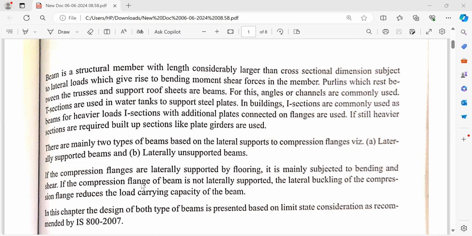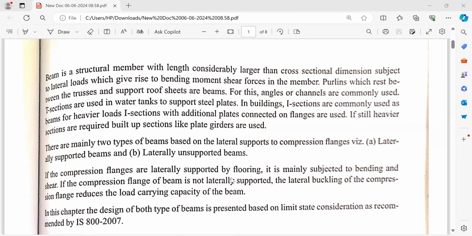Here it is given, if the compression flanges are laterally supported by flooring, that is the roof slab, the roof of the room, the beam is mainly subjected to bending and shear. If the compression flange of the beam is not laterally supported, lateral buckling of the compression flange takes place and reduces the load carrying capacity of the beam.